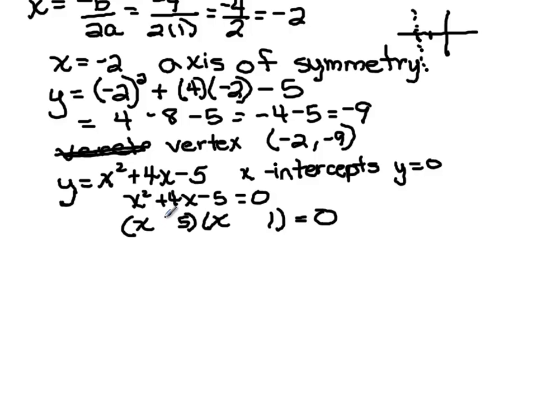The larger of the two factors will be a positive. The other one will be a negative. That way they multiply to be a negative 5. And when I multiply it back, I get a positive 4x. Then each factor is set equal to 0. Solve each equation.